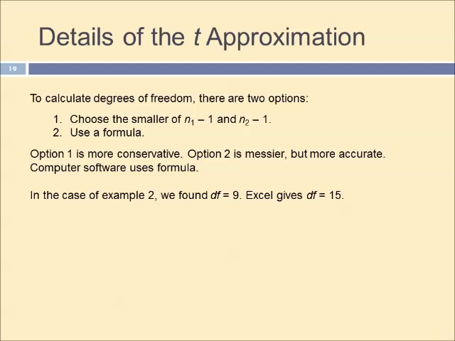But there's also a formula, so you should be aware that if you're using software, you will probably get a different degrees of freedom reported to you than what we've been talking about so far. With the example we just did, we found that the degrees of freedom were 9. If you performed this t-test in Excel, it would have given degrees of freedom 15.